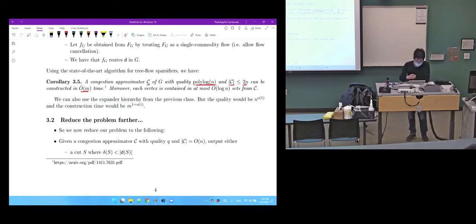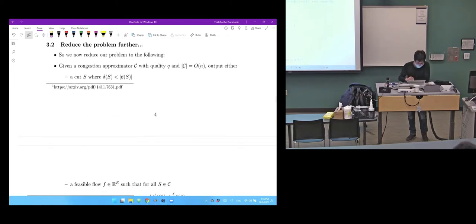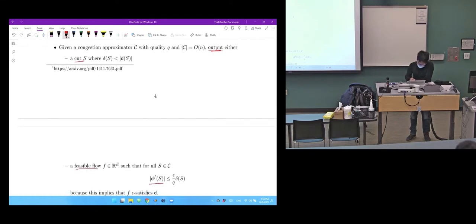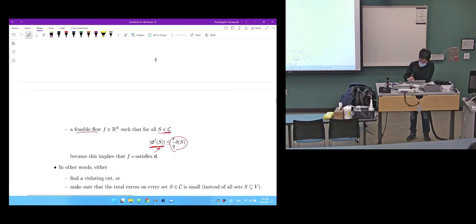Okay, and because of this, we now reduce the problem to here. Just output either a cut, the violating cut, or a feasible flow such that the total residual demand on the cuts of the congestion approximator is at most this. That's all we need.